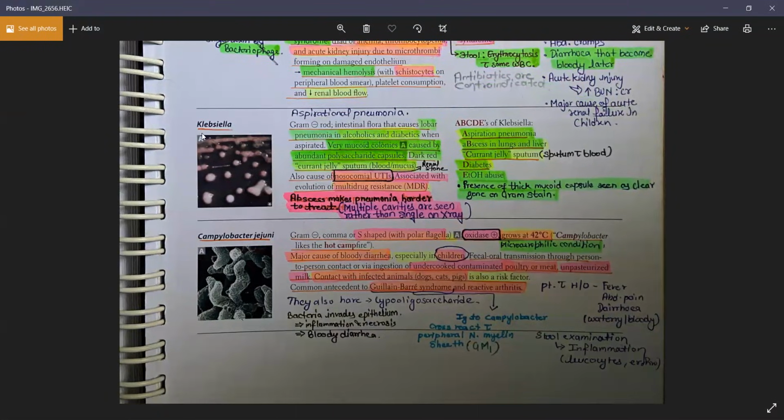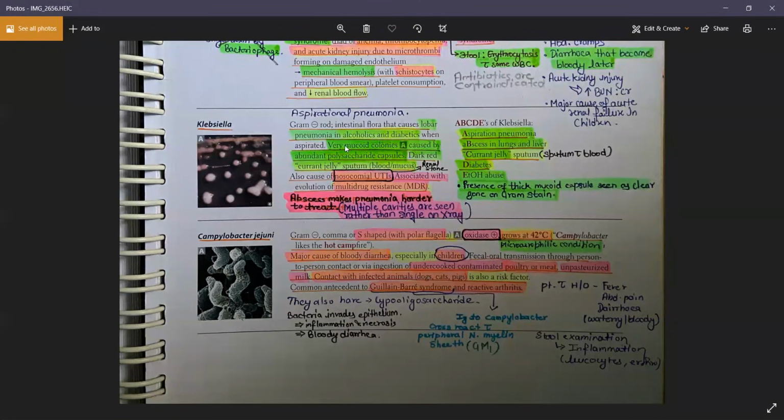Okay, then we will study about Klebsiella. And the only thing that you need to remember about Klebsiella is aspiration pneumonia, and one more thing is the nosocomial UTI. Okay, so these are gram-negative rods, and they are part of your intestinal flora. And what they will cause is lobar pneumonia in alcoholics, diabetics, or patients with seizures, or old age patients, or patients who lose consciousness for some time, because they cause aspiration pneumonia.